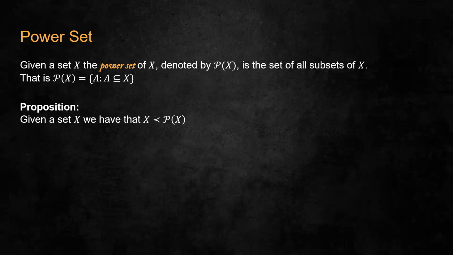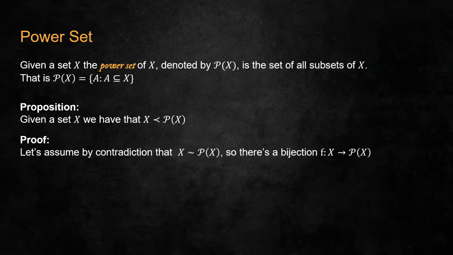And it turns out that the power set always strictly dominates the original set. Again, we're going to prove this by contradiction. We're going to assume that that's not the case, that they have exactly the same number of elements, and therefore there's some function that is bijective. Now we need to do a construction like we did before.